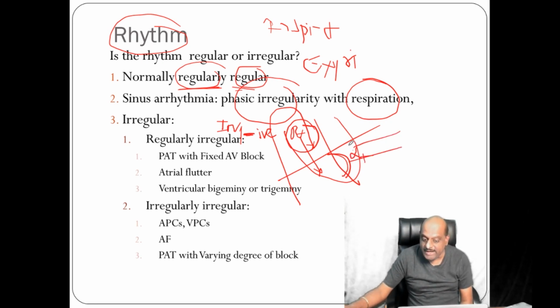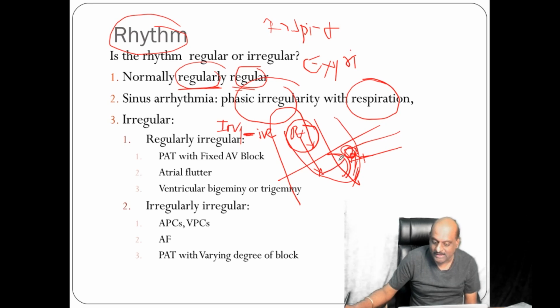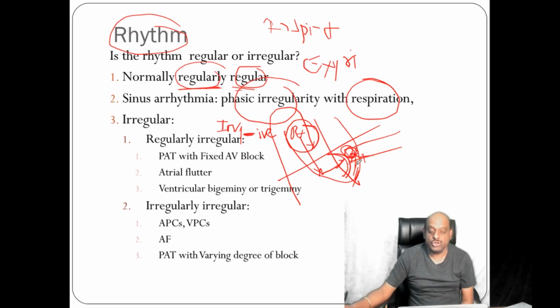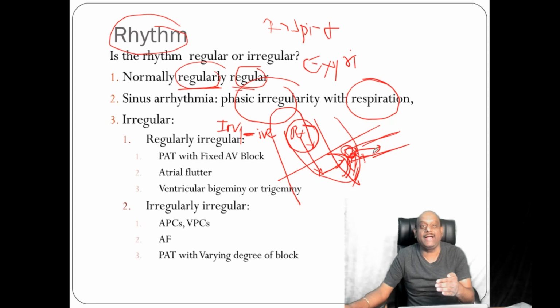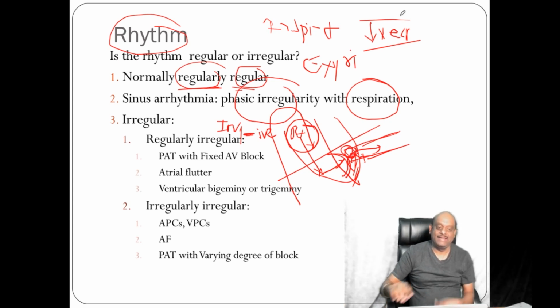The left side volume has become encroached by the right side; the right side encroaches into the left side. So from the left side, the blood which is being pushed into the aorta will decrease. And because of that, what will happen? The pulse becomes weaker.